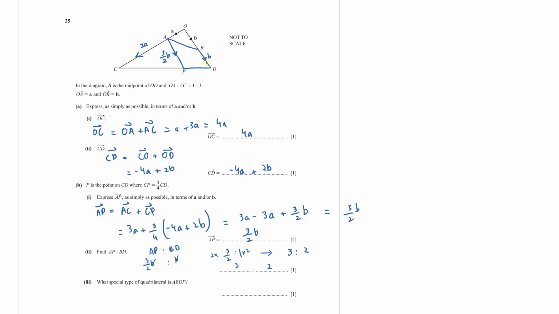There's no A in either one of them, just the difference of length. This is B and this is 3 by 2B, and both are in the vector direction B. So what is the name of a quadrilateral where you have one pair of parallel sides? That is a trapezium. So this quadrilateral ABDP will be a trapezium.